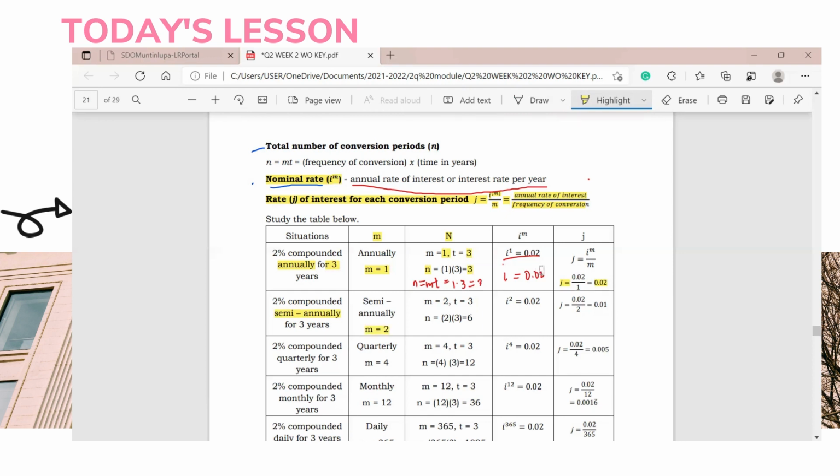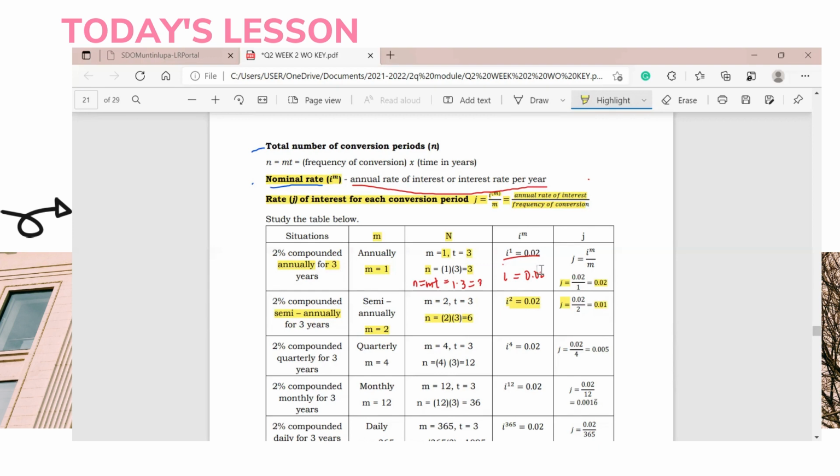Ang N mo ngayon ay N is equal to MT, 2 times 3 equals 6. Ang i mo, since ang M mo na ngayon ay 2, i raised to 2, still 0.02. And then, i raised to 2 over 2, because it is semi-annually. So, 0.02 divided by 2 is 0.01.